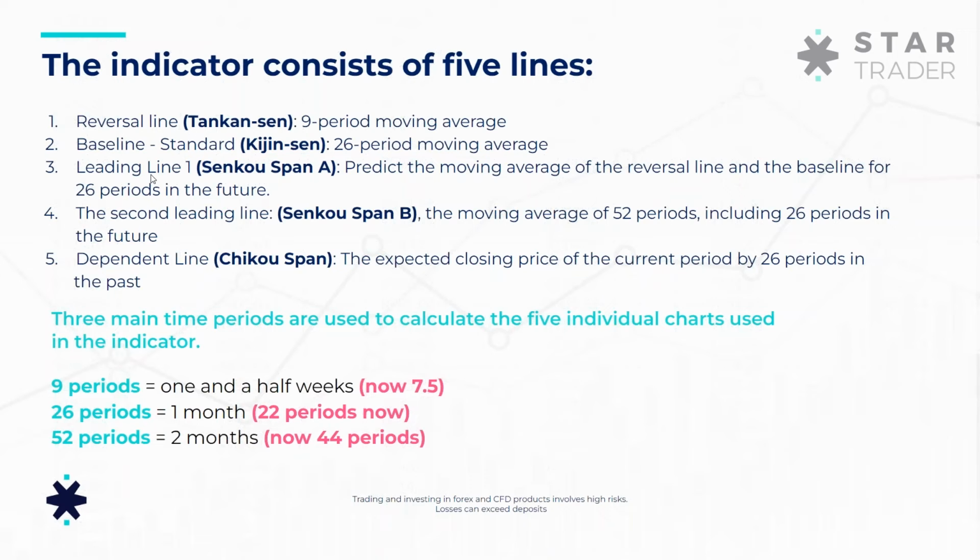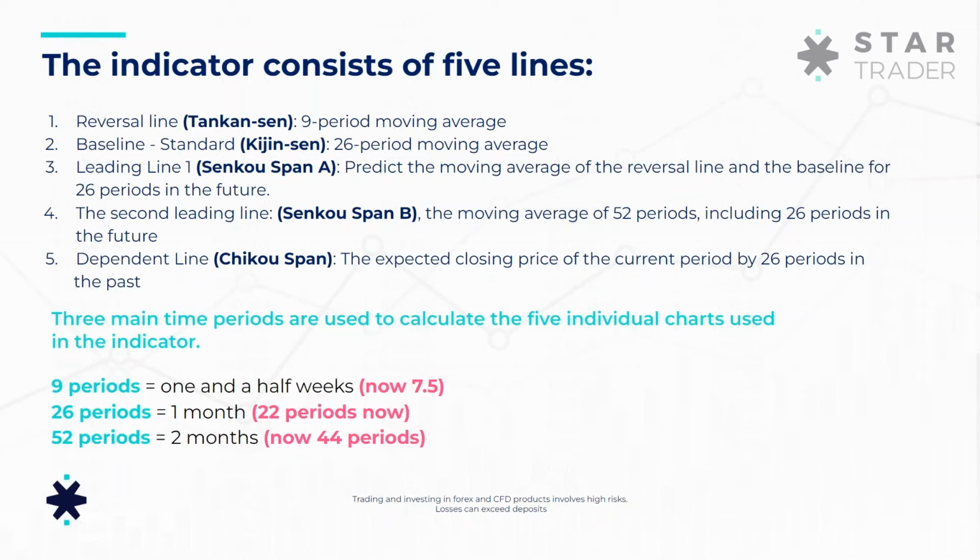The next leading line is Senkou Span A. This is basically a cloud. Senkou Span A is a leading line in the cloud, and it plots the average of the reversal line and the baseline, shifted 26 periods. It also uses the moving average of 26, but it is predicting the future, that in the future the market might be bearish or bullish.